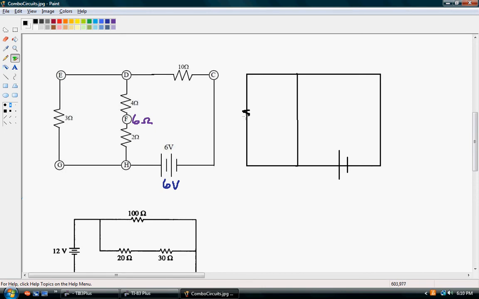And we have our 3 ohm resistor here and our equivalent resistance of 6 ohms here. And then we have our 10 ohm resistor, which is just hanging out up here. Okay, now if you notice, the 3 ohm resistor and the 6 ohm resistor are in parallel with each other.